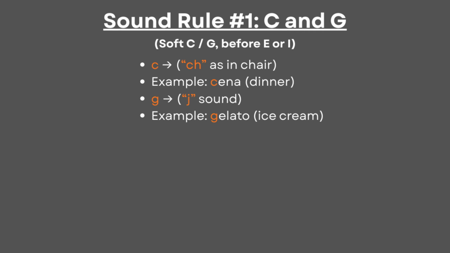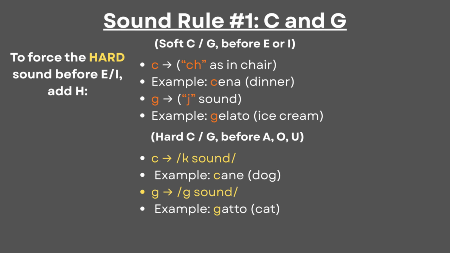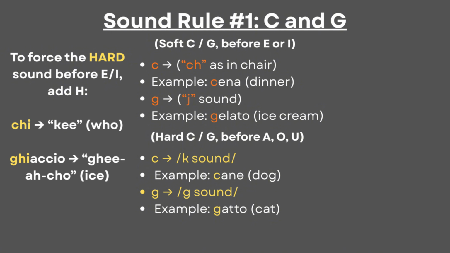Oppositely, if c and g are placed before a, o, or u, they will have a hard sound, like in the words cane and gatto. Even so, Italian can force the hard sound of the consonants before e or i, and we do so by adding h between them, like in chi and ghiaccio.